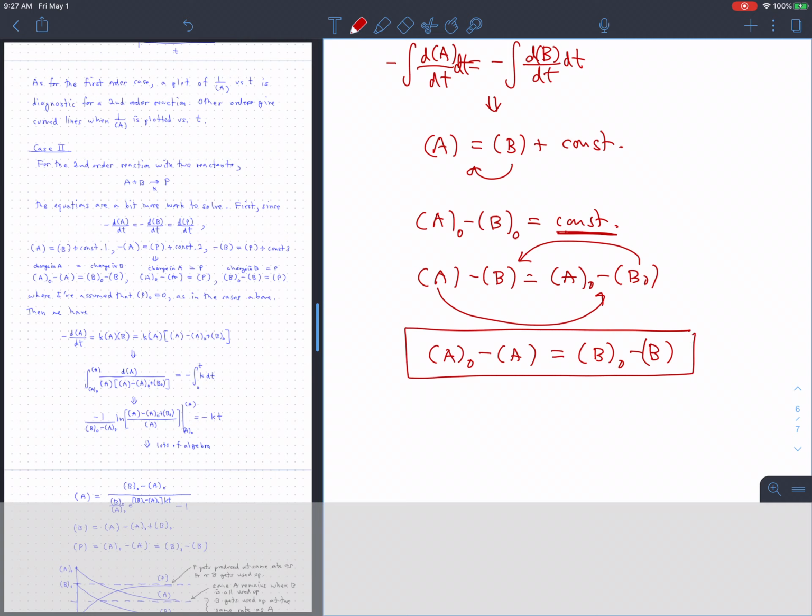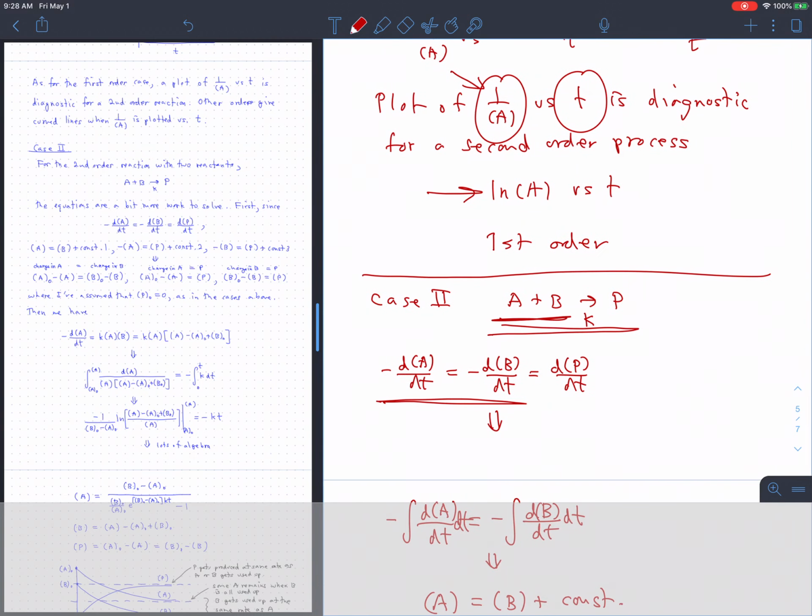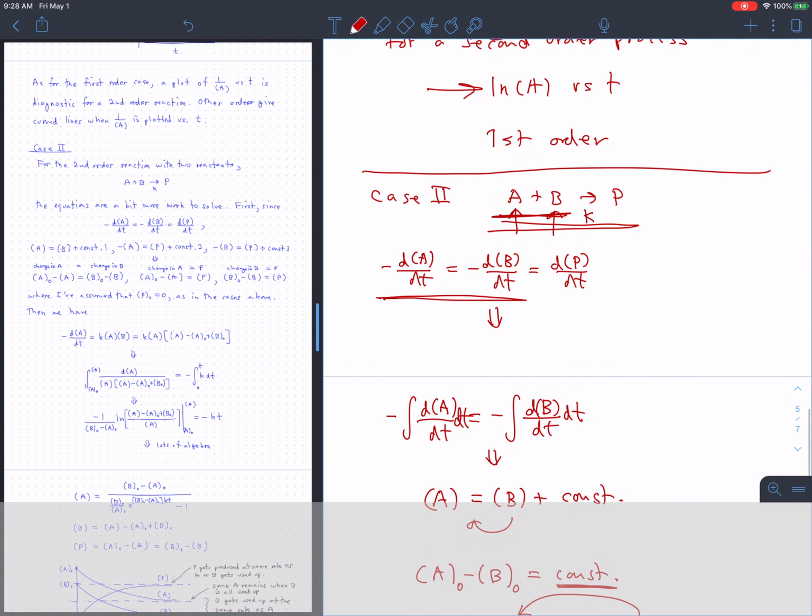What it's saying is, this is the amount of material that A lost, right? This is the initial amount, this is the amount we have now. So this difference is the amount that we lost. And this is saying that that has to equal the amount that B lost, which is just saying the stoichiometry of the reaction up here, right? Whatever you lose in A, you've got to lose a B as well.